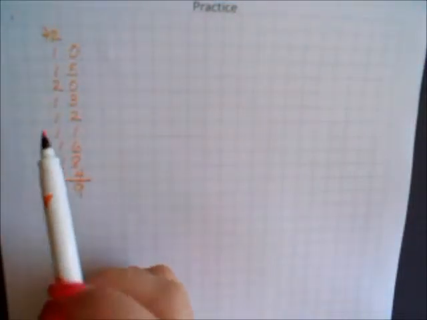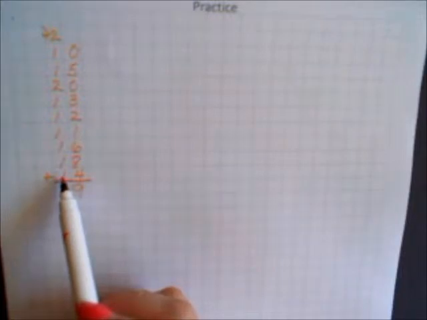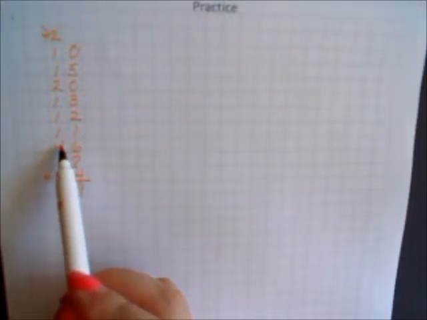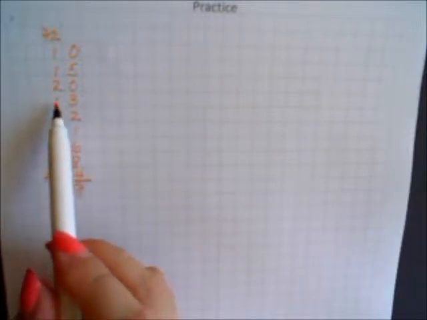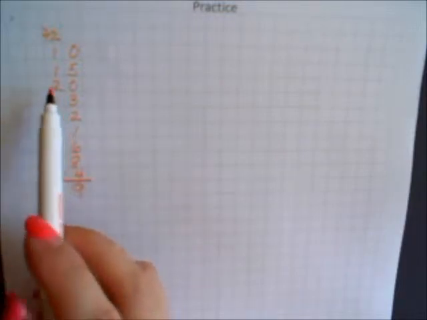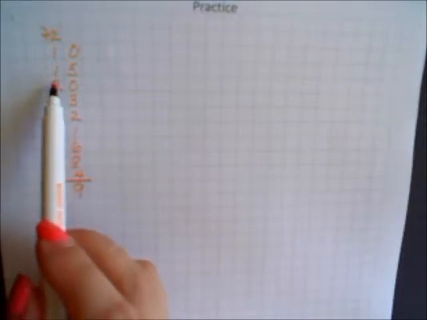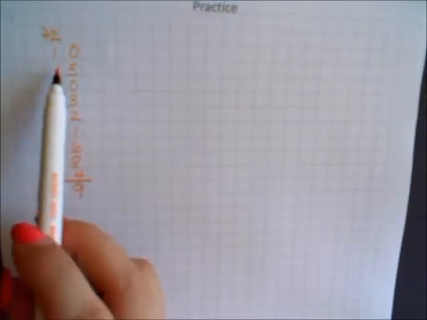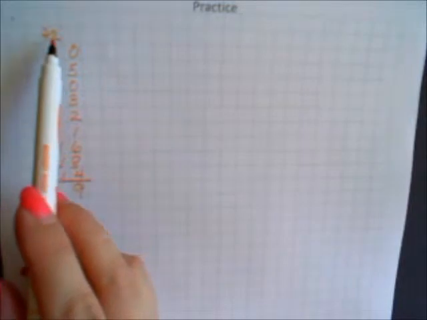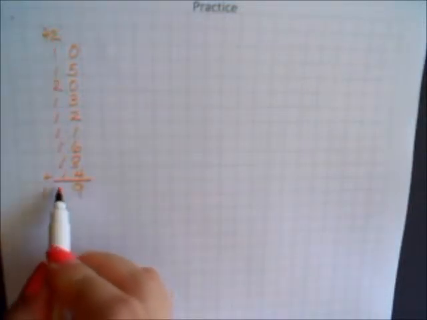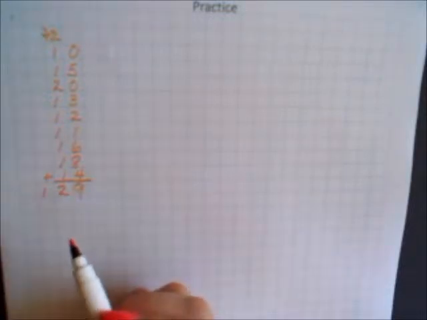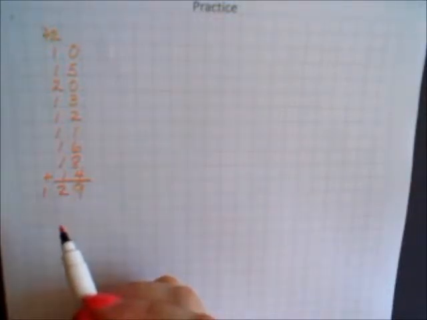And our second column, 1 plus 1 is 2, plus 1 is 3, plus 1 is 4, plus 1 is 5, plus 1 is 6, plus 2 is 8, plus 1 is 9, plus 1 is 10, plus 2 is 12. Okay, so now we have an answer of 129.